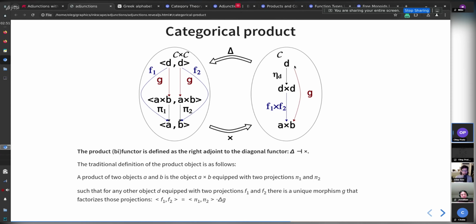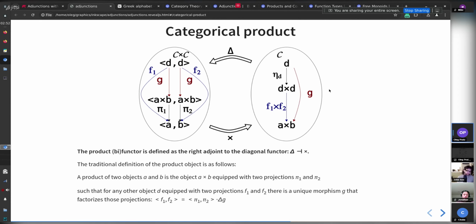What it does for objects is, for an object D, it results in a pair of identical objects D and D. And for a morphism G, it results in a pair of identical morphisms G and G. And I need to mention, to avoid future confusion, that there are many different functors that might all be called diagonal, and this is one of them.